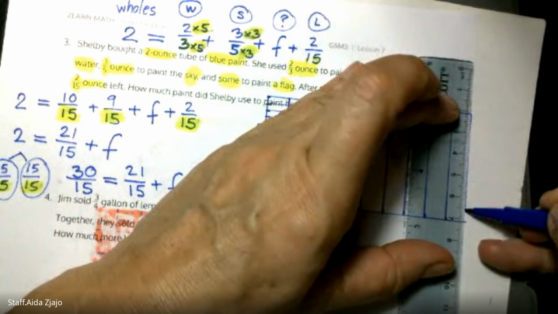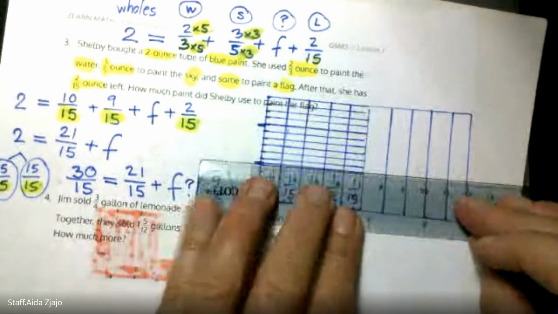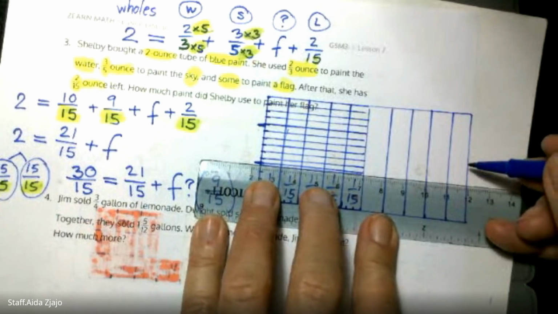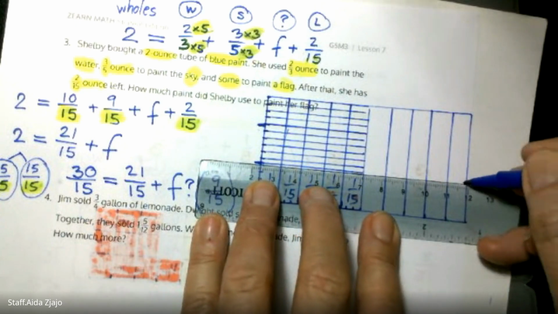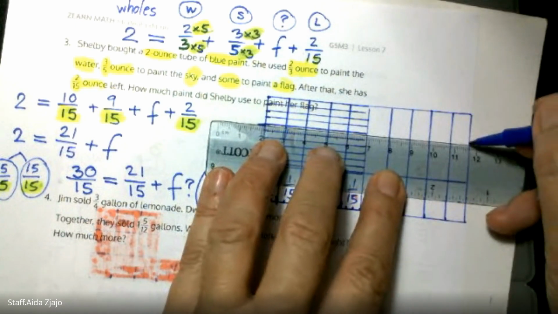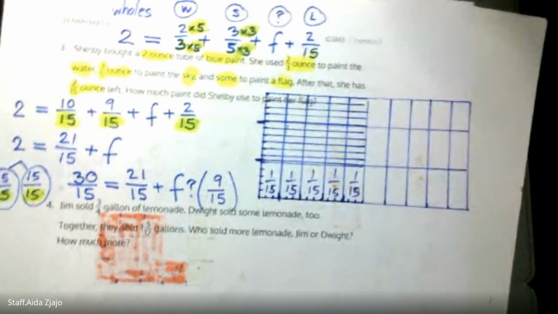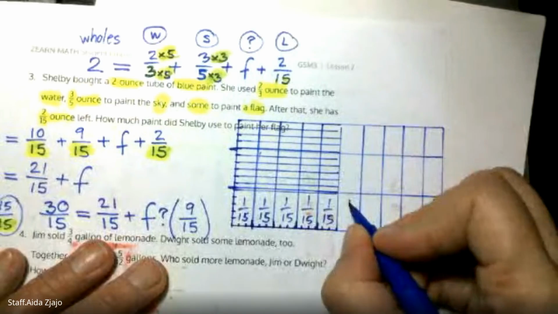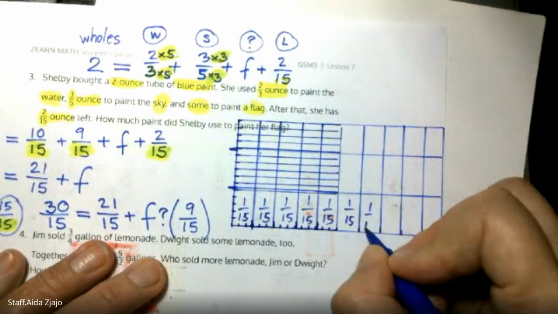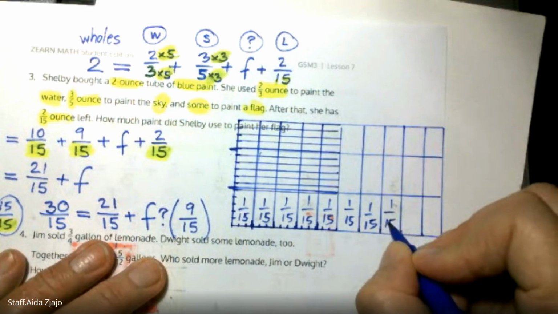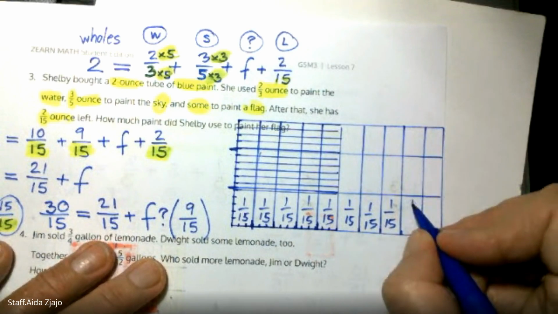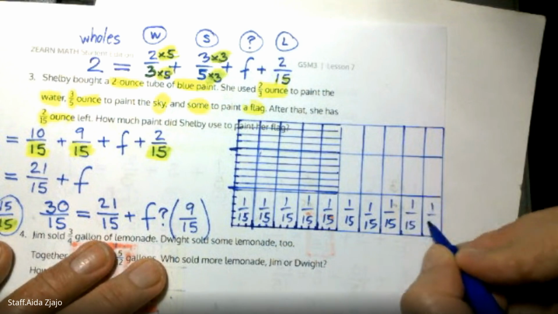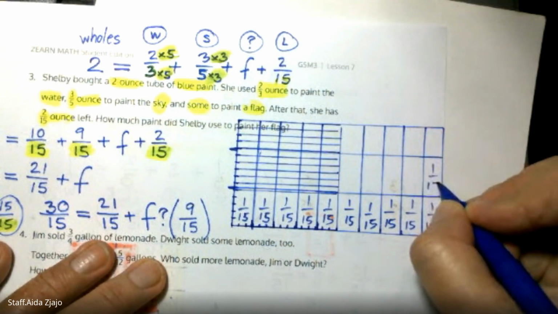Making a mistake is okay. It's already been late night, so I'm tired. Okay. So each is 1/15. So thinking about labeling, those are 2 wholes that represent 30/15s.